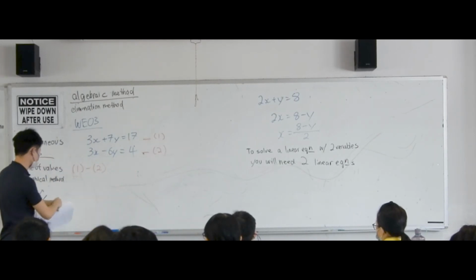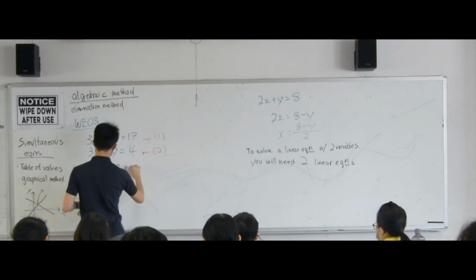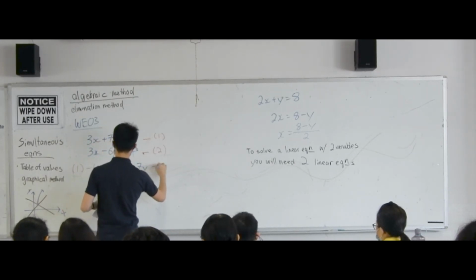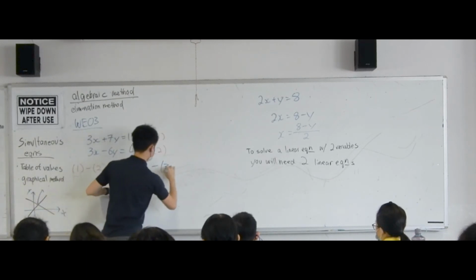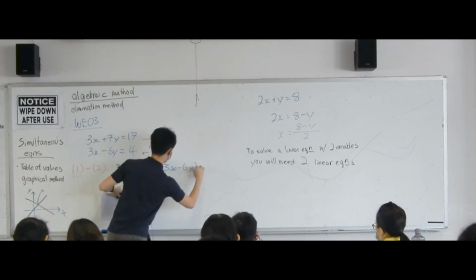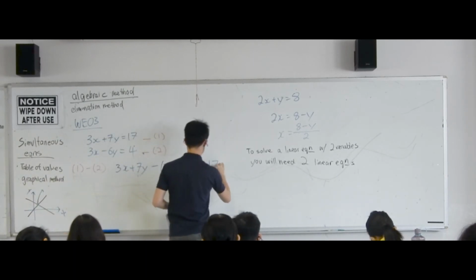How does it look? It looks like this. 3x plus 7y minus the entire side of equation 2, bracket 3x minus 6y, equals 17 minus 4.